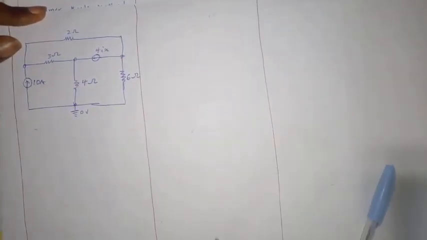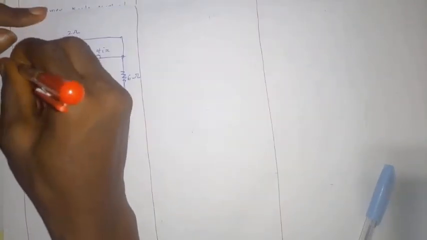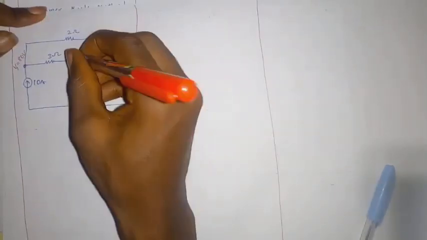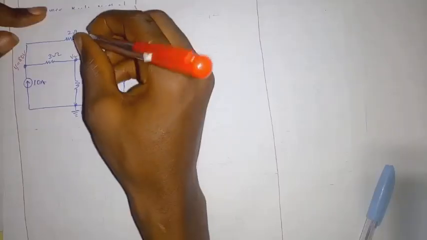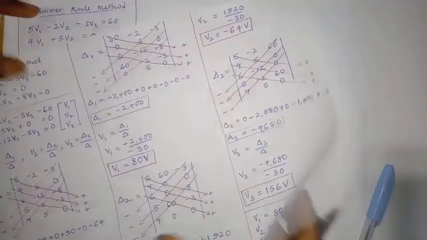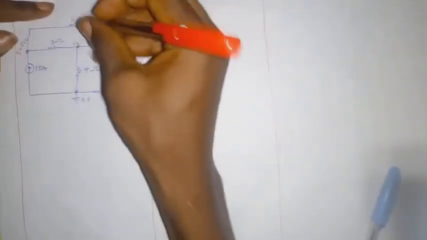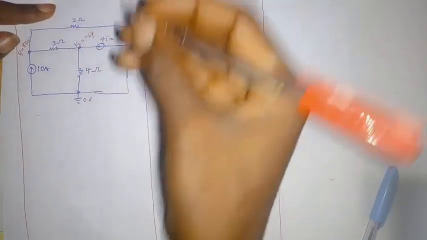You now write what you got here. That is your V1 is what? Your V1 equal to what? 80 volts, right? Then your V2 is what? Your V2 is, let's check that, minus 64 rather.